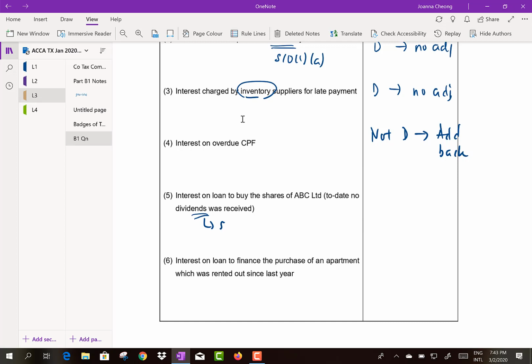This is the 10(1)(d) income. So if you incur interest expense to earn this income, it will be only deductible against a 10(1)(d) income. But since there is no income yet, you cannot claim a deduction. So you have to add back. It is not deductible against your trade income. You have to add back. It is only deductible against your dividend income if there is any.